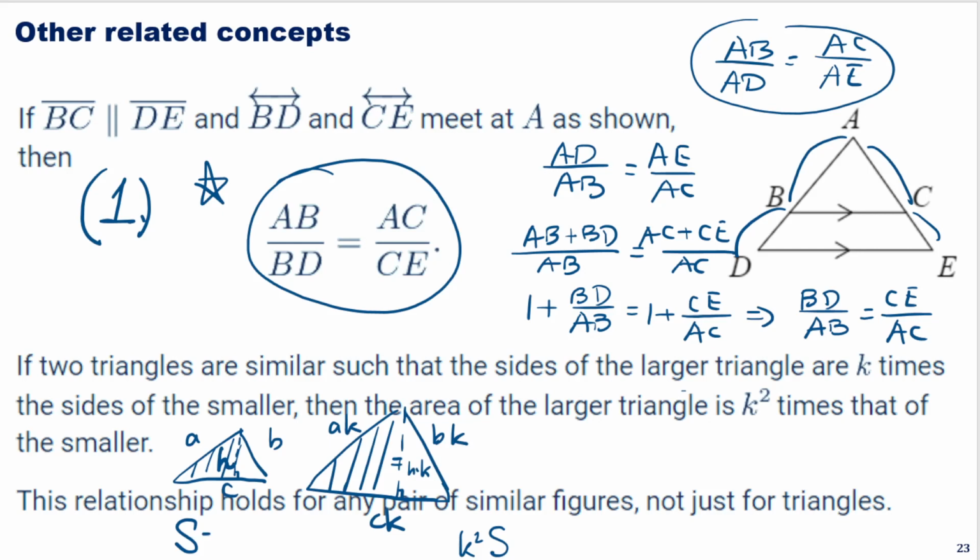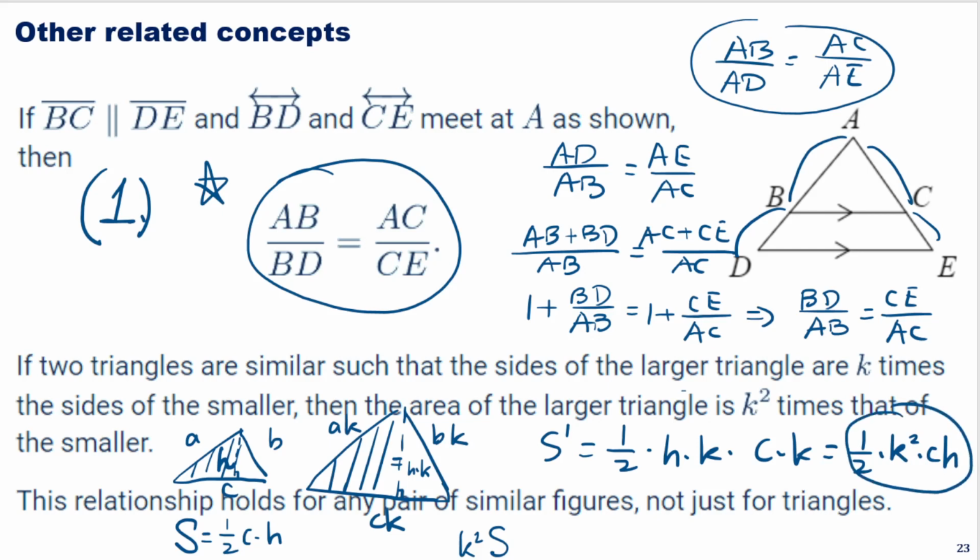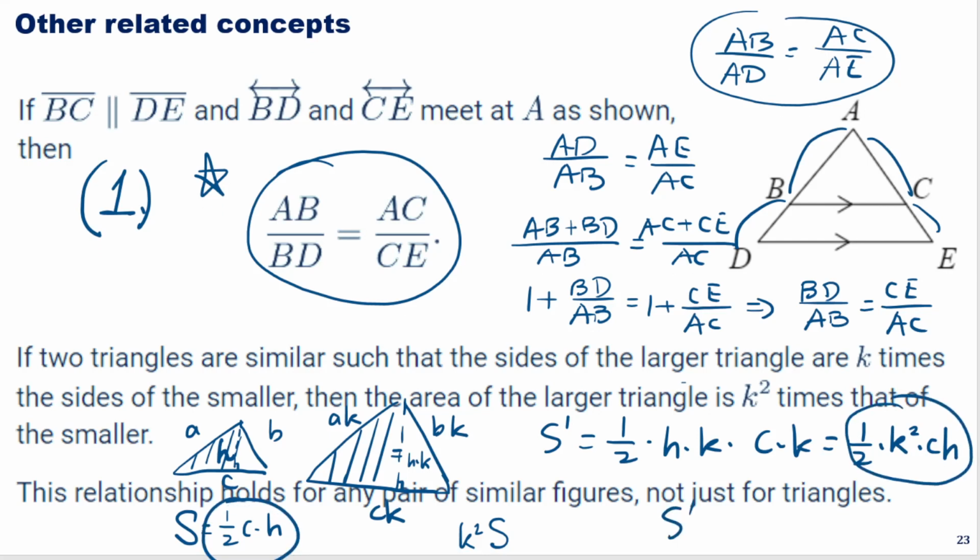Then S equals 1/2 of CH, and let's say S prime is the area of the second triangle, which is 1/2 of h times k times c times k, which gives you 1/2 of k squared CH. So if you compare these two expressions, then we know S prime must be k squared times S, right?